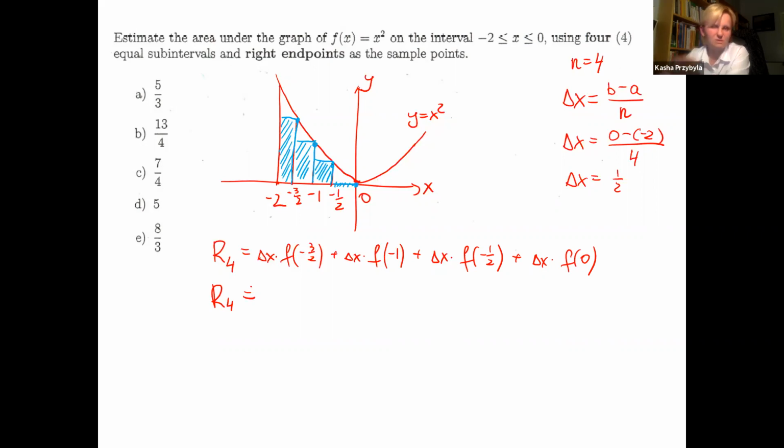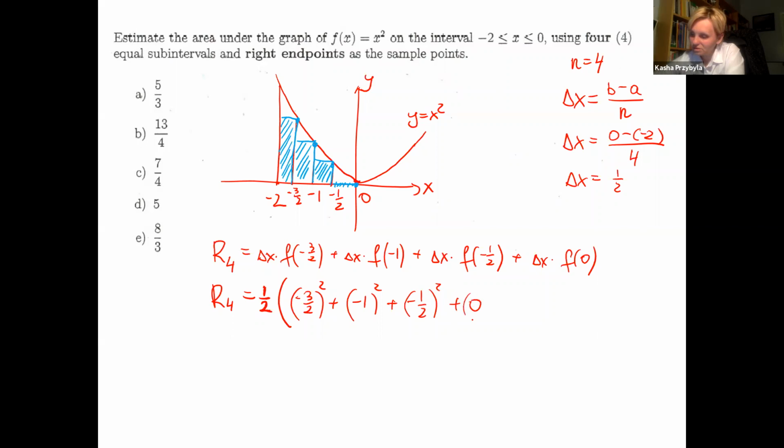It's just 4, so I don't really have to use the sigma notation; if this were 40, I would. Delta x is 1/2. Please remember, I can factor it out, but it's not always 1. And the function is just x squared.